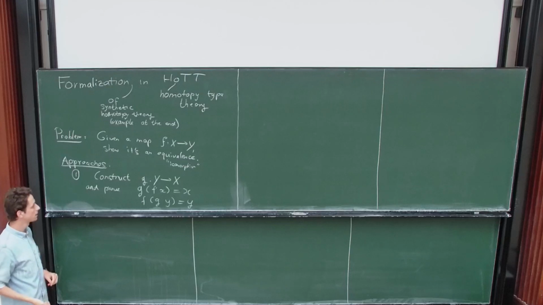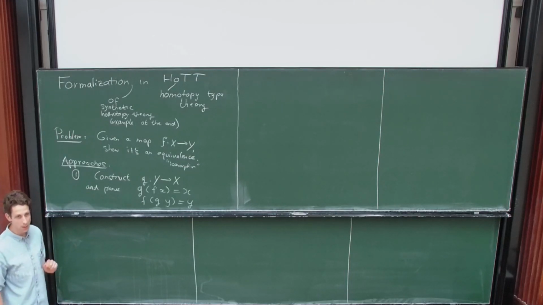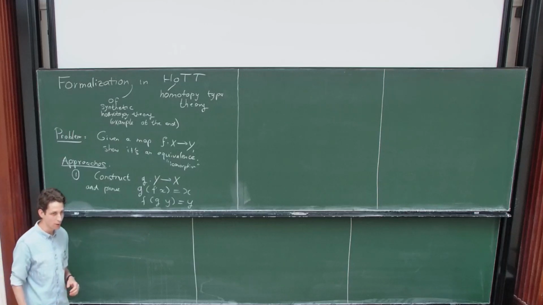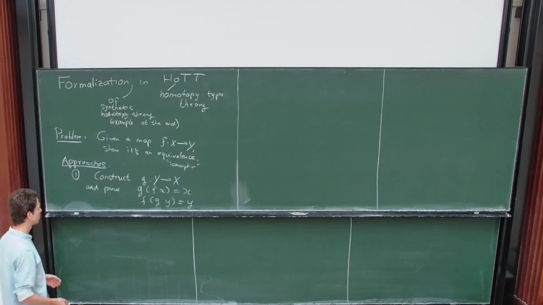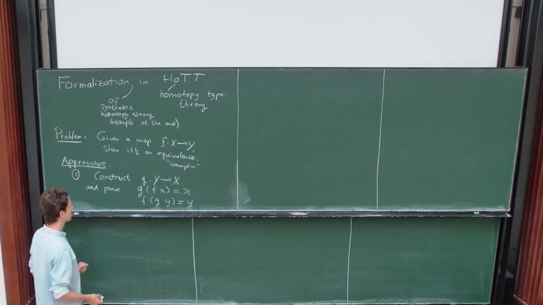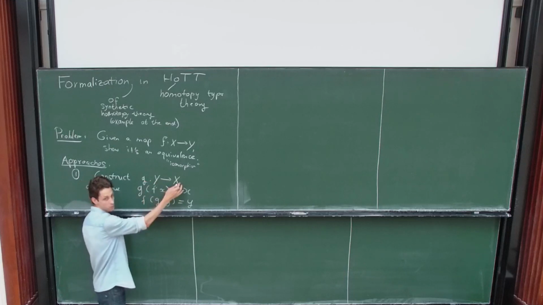Nothing wrong with that, and you could do it, but the point is that in formalization, convenience matters. It's not so much about whether you might be able to do it, but the number of lines or the number of hours you're willing to spend on this. It could be that it's still quite convenient to give this map, or maybe it's not super convenient, but you can do it.